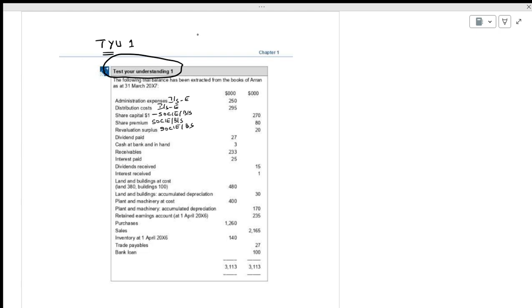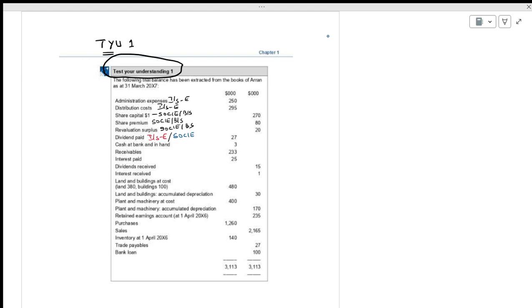There are two ways. If you are not asked to prepare a statement of changes in equity, then we have to show it in the income statement as an expense. But if they ask you to prepare a statement of changes in equity, you have to show it there, separately.